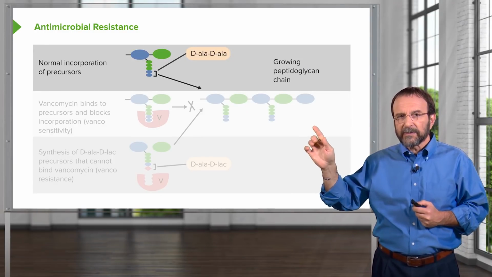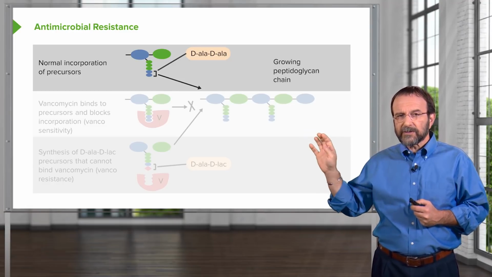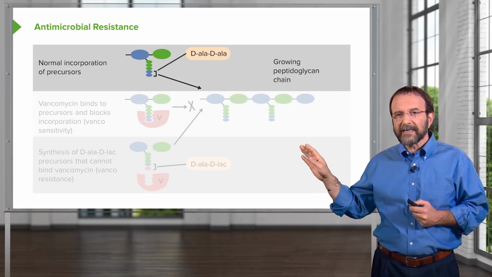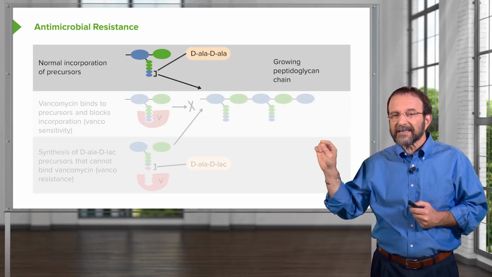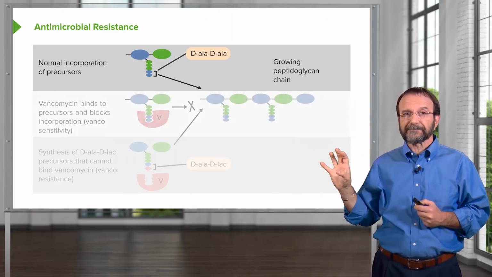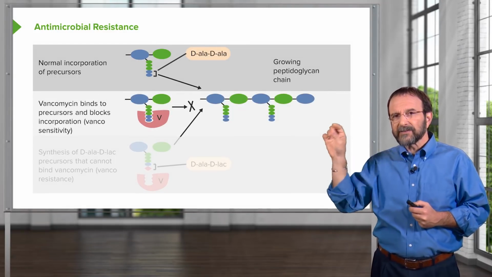So the blue and the green ovals, those are sugar molecules that are going to be part of the growing peptidoglycan chain, and the smaller ovals below them, those are amino acids that will eventually cross-link the murein to make it very strong. So the way this works is that subunits are added to the growing chain.